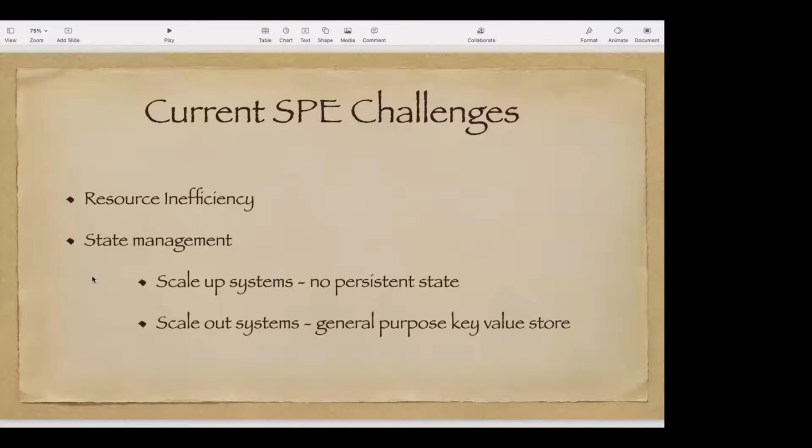So the paper mentions current challenges with stream processing engines. One is resource inefficiency. As we saw earlier, scale-up systems use some techniques for higher hardware resource utilization, such as query compilation, NUMA awareness, lock-free data sharing, and GPU co-processing.